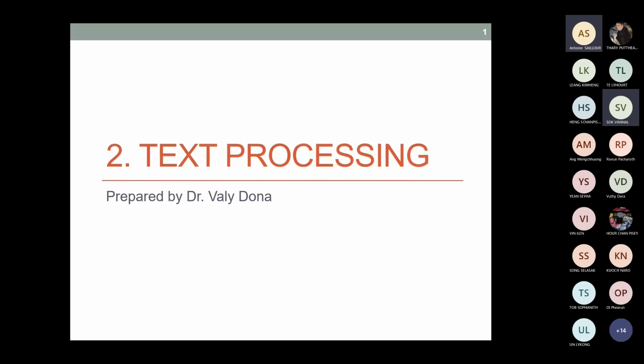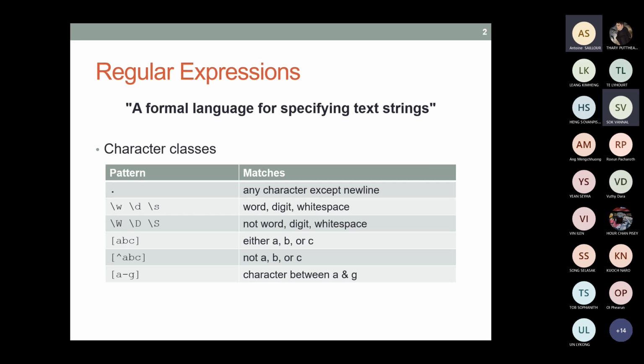So lesson number 2 is about text processing. In this lesson, we will talk about a number of different techniques that we can use to process text. The first thing that we can think about is regular expressions. A regular expression is an expression that we can use especially to search for a specific pattern in a body of text.